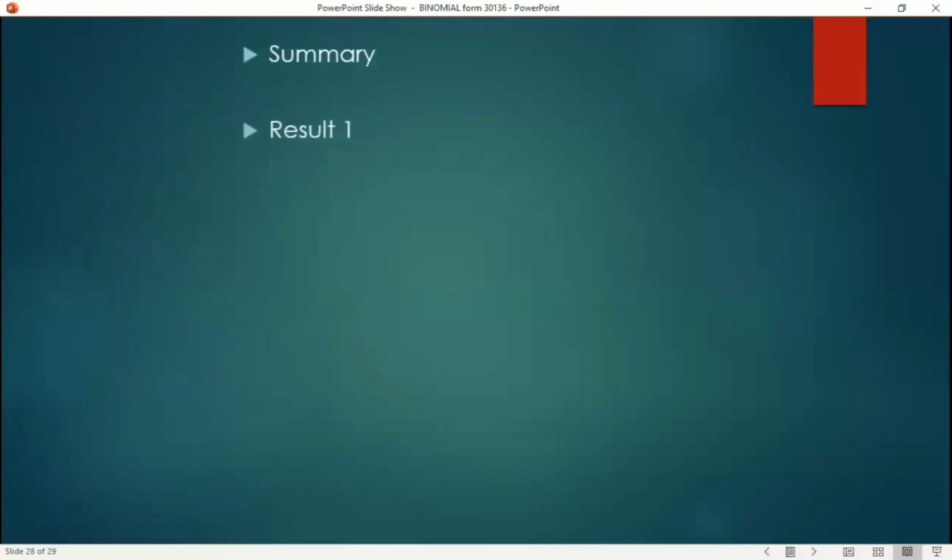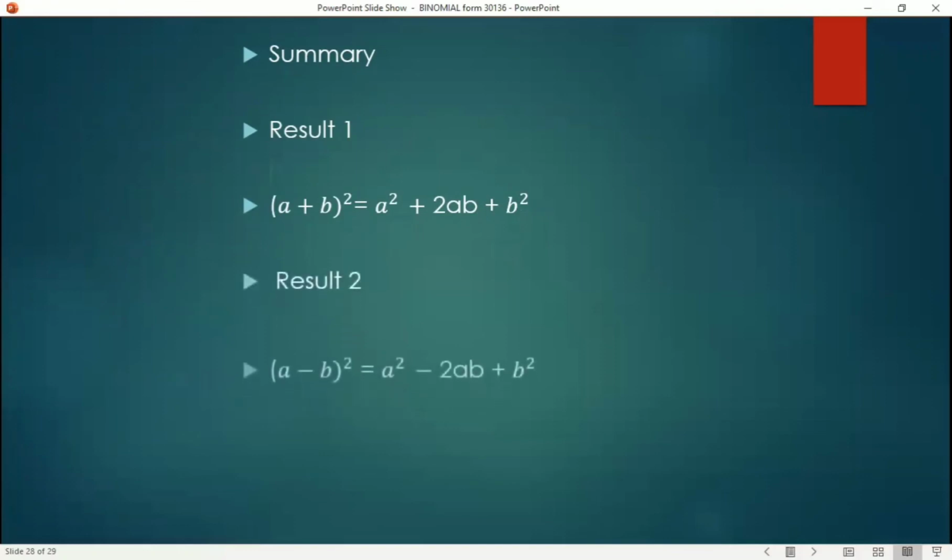So our first result, pupils: (a plus b) squared is a squared plus 2ab plus b squared. Second result, (a minus b) squared is a squared minus 2ab plus b squared. Result number 2, there's one negative, so there should be one negative in the formula.